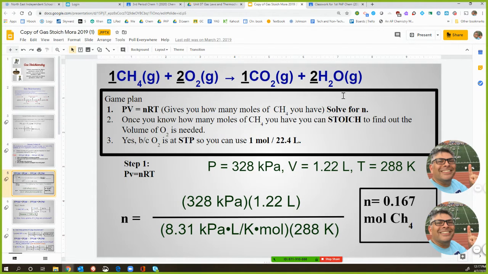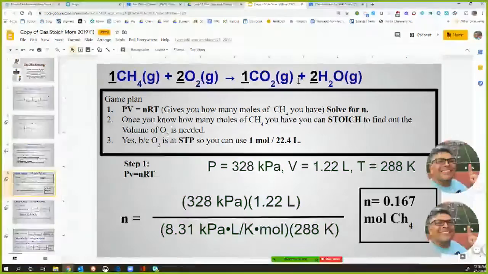So here's the chemical equation that you were given. Your game plan is to use the ideal gas law because you need to solve for n. You have to get into moles to use a mole ratio, and that's what Stoich is all about. Remember, that's a useful variable to have in this.